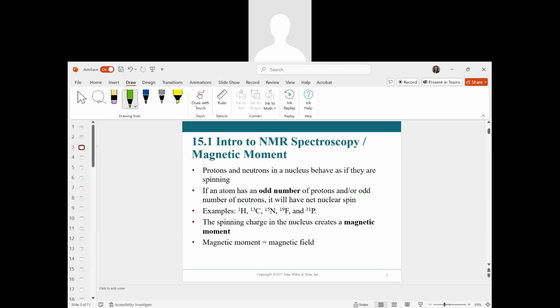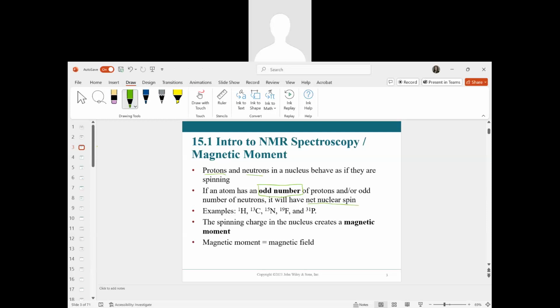So what exactly happens here is that protons and neutrons in a nucleus behave as if they are spinning. And if an atom has an odd number, so this is important to note, we cannot use an even number of protons or neutrons in combination, we generate this net nuclear spin.